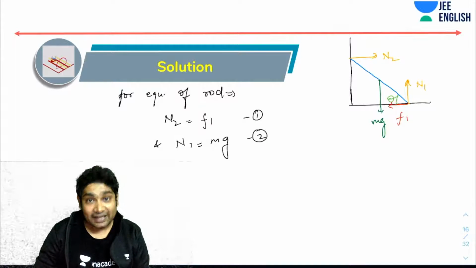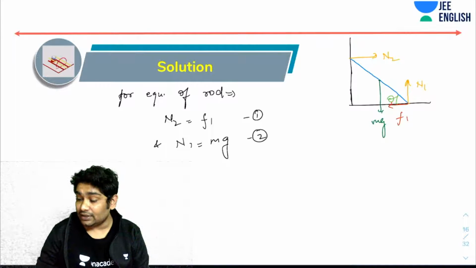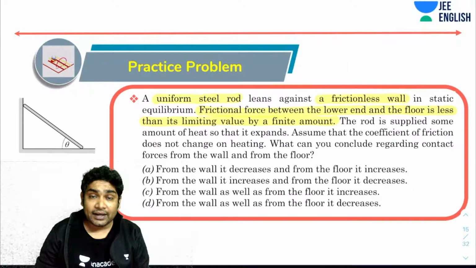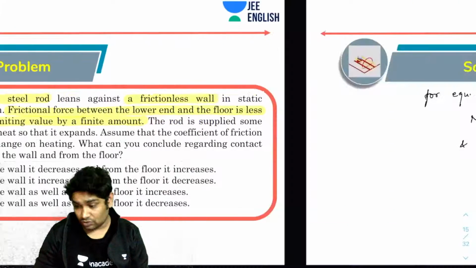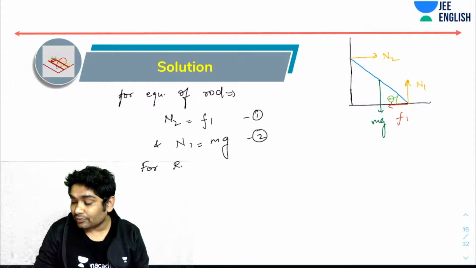Next, also I will realize since the body is in static equilibrium, it will be in rotational equilibrium as well. So for rotational equilibrium, torque about any point must be zero.